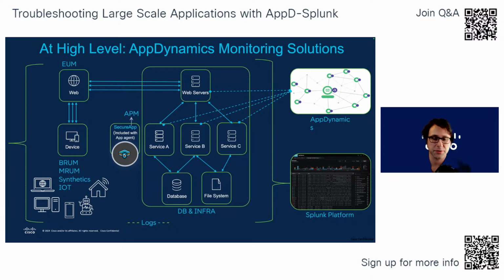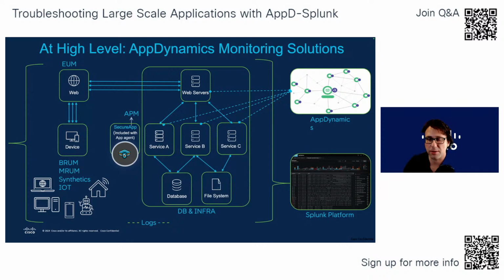You have end user monitoring of those digital storefronts, including everything from browser real user monitoring, mobile, synthetics, and IoT, the Internet of Things. All of those are captured and sent through the EUM agent to the back end, where there are web services and multiple applications and services supporting the overall functionality of the whole application hierarchy.